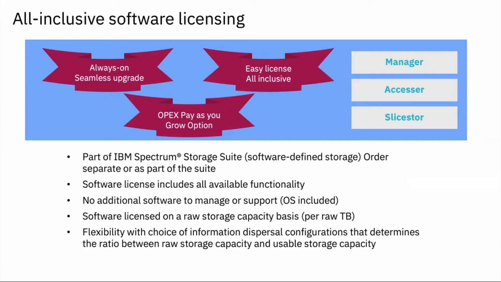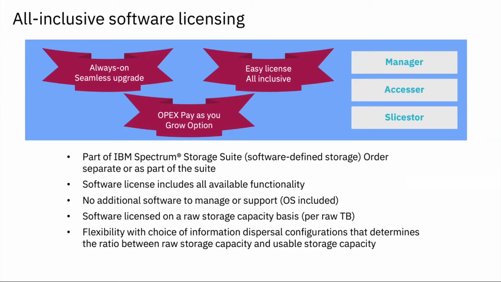And then you have accessors. The accessor nodes are what talk to the application, and they are not licensable. So you just stand those up as needed. They could be physical, virtual, or Docker. And if you have a peak requirement for performance, you would scale the accessors as needed.